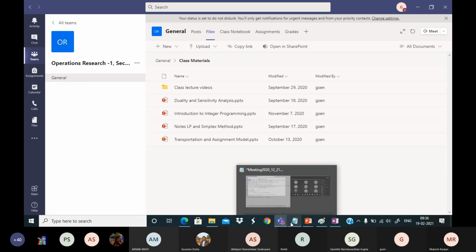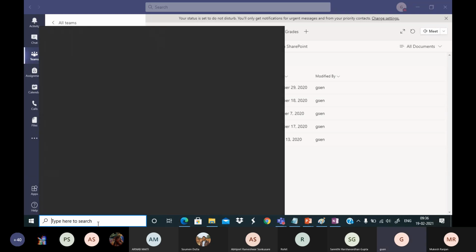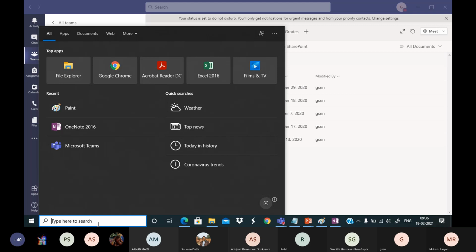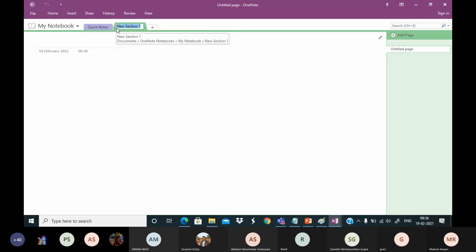Say I have 5 nodes. Okay. This is the source, and then these are the different nodes.